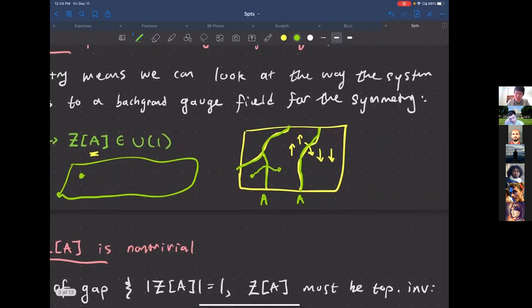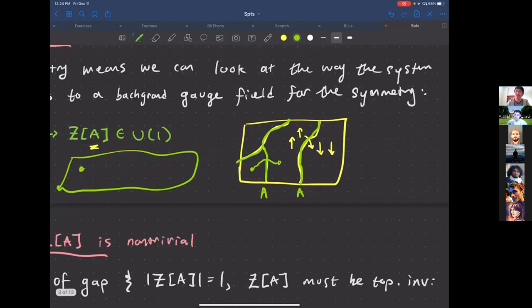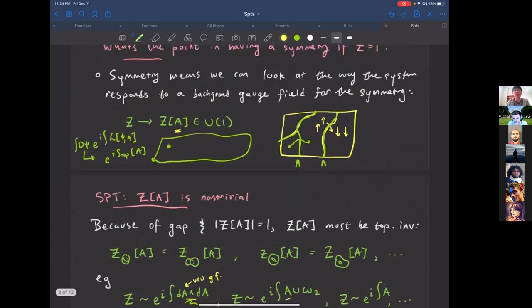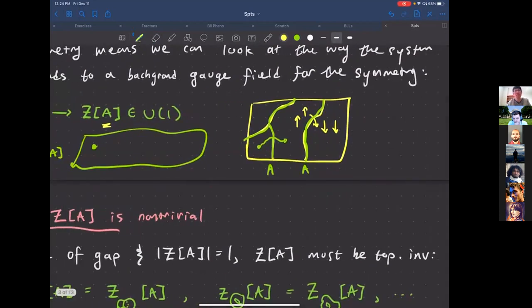This is easy to visualize in the case of some Z2 symmetry here. And in the case where I'm writing down things like this, where there's some continuous U1 thing, it's really the same thing. You can think of a gauge field as just inserting a bunch of twists in the phase as you move around space.